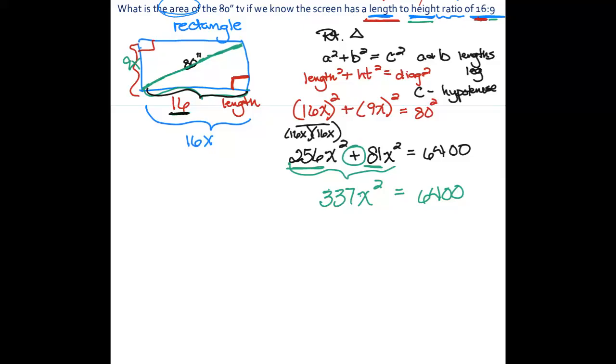Jeez, this is a lot of work. I know, right? So now what? What are we trying to solve for here? We have to solve for something else before I get to area. We have to solve for x. How do I solve for x at this point?